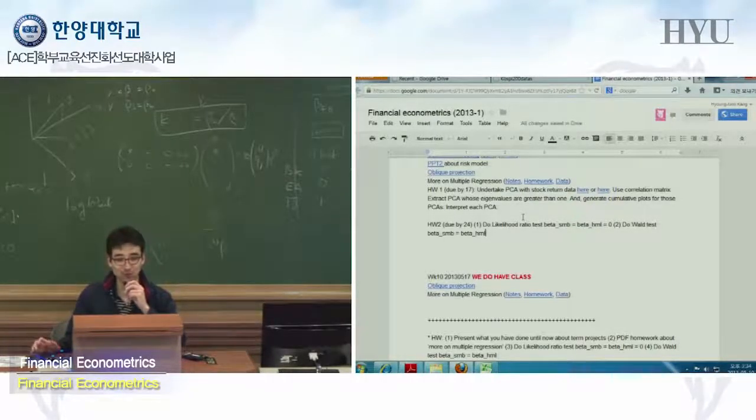For the second homework, which is due in 2 weeks, you have to reuse the Fama French three-factor regression. I hope you didn't throw away your previous homework. So first, do a likelihood ratio test such that beta for the size factor, beta SMB, equals beta for HML.